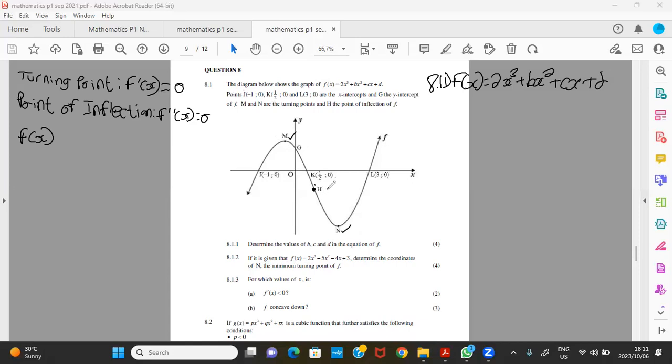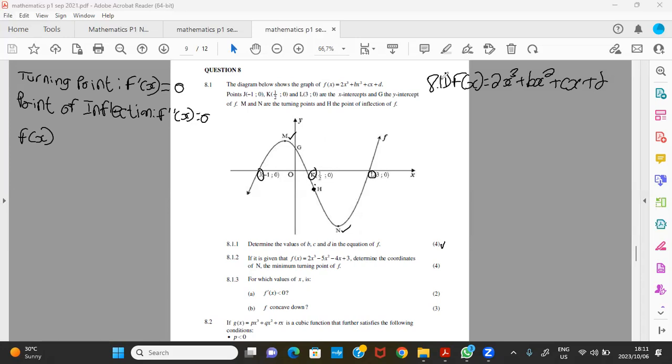Now they say we must determine the values of b, c, and d. What are we going to do? It's a nice format question. Number one, we have to use what we are given, and what we can use so far is our x-intercepts.